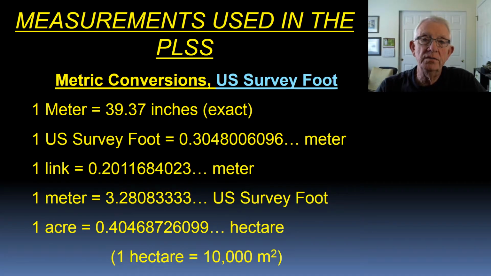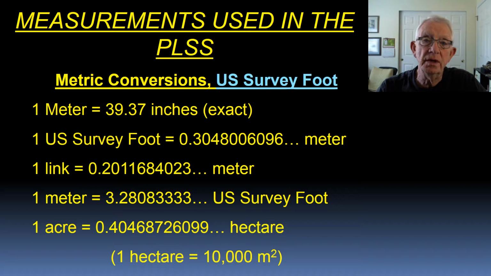What I would like to do now is just go over some measurements with you so we have an understanding of what we are dealing with in distances. And this is going to be metric conversion to the United States survey foot.